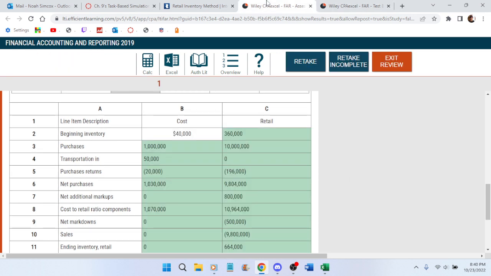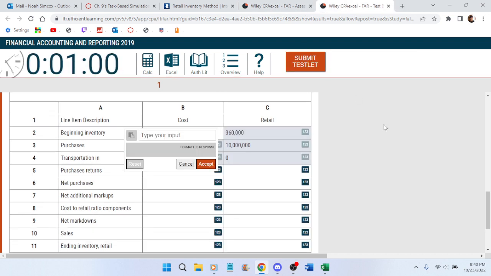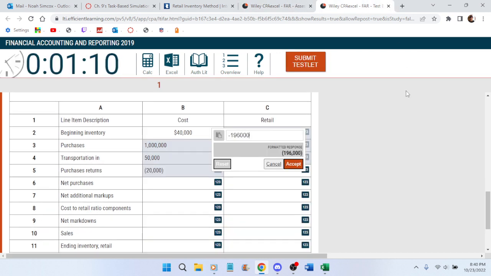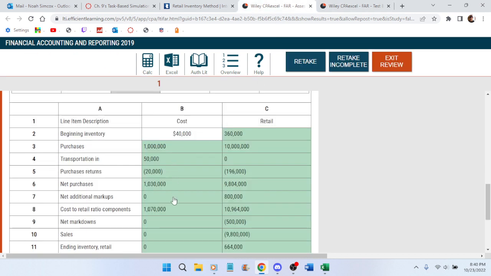Purchase returns is parentheses 20,000. Oh, it's fun. How about negative 20,000? Oh, thank you. I don't have to type a parenthesis. And 196,000. I push enter. It won't let me push enter. Fun. Net purchases is 1,030,000.